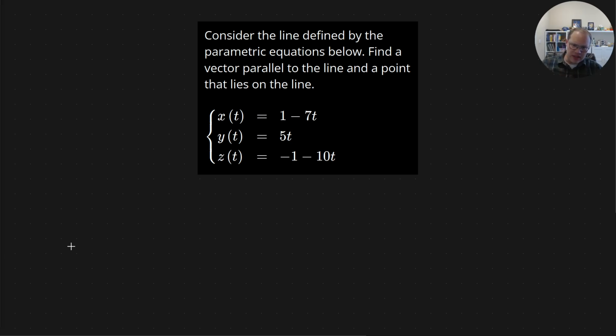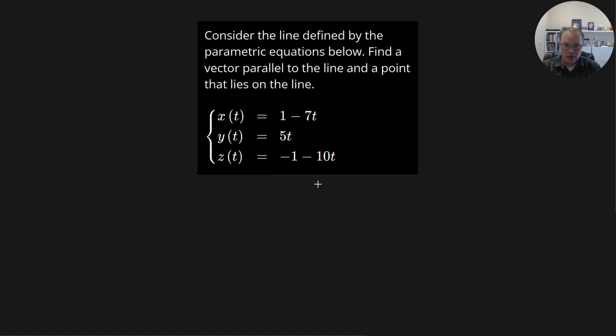Let's take a look at this example with parametric equations. So we want to consider this line defined by the parametric equations. We want to find a vector parallel to the line and a point that lies on the line. Okay, so I look at this and I can immediately recognize a point that lies on the line and a vector parallel to the line.